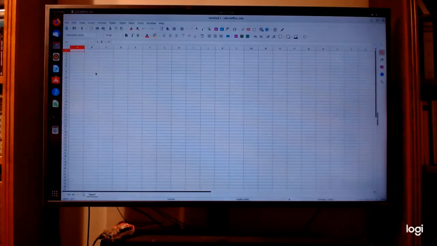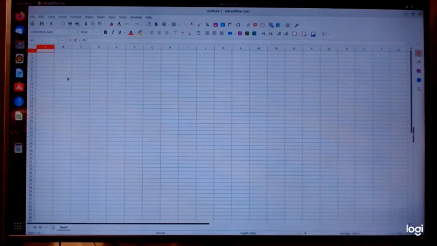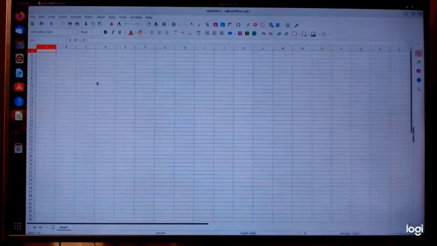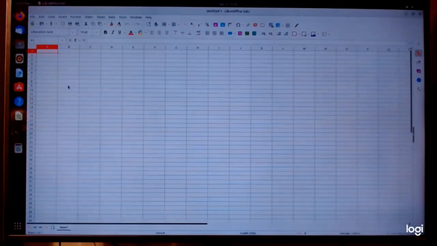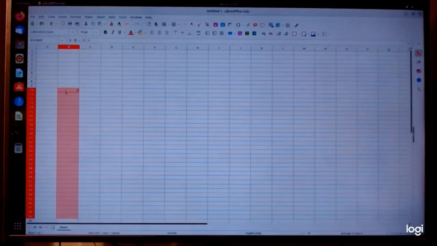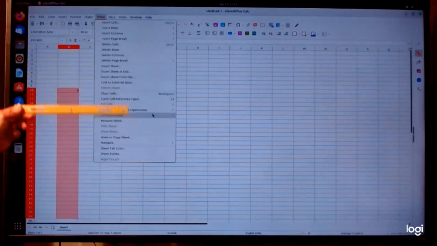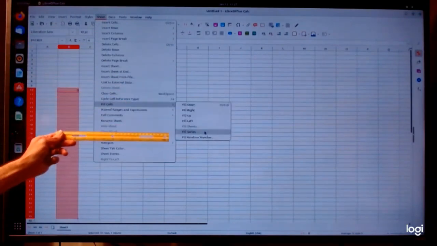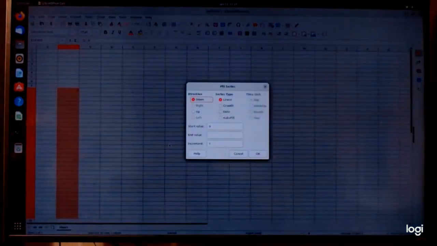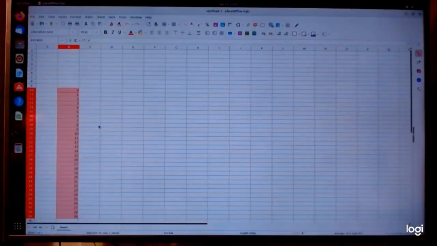And let me blow this up a little bit. Let's see here. So if we start with 0 and just fill our 29 payments, fill cells with a series just from 0 to 29.